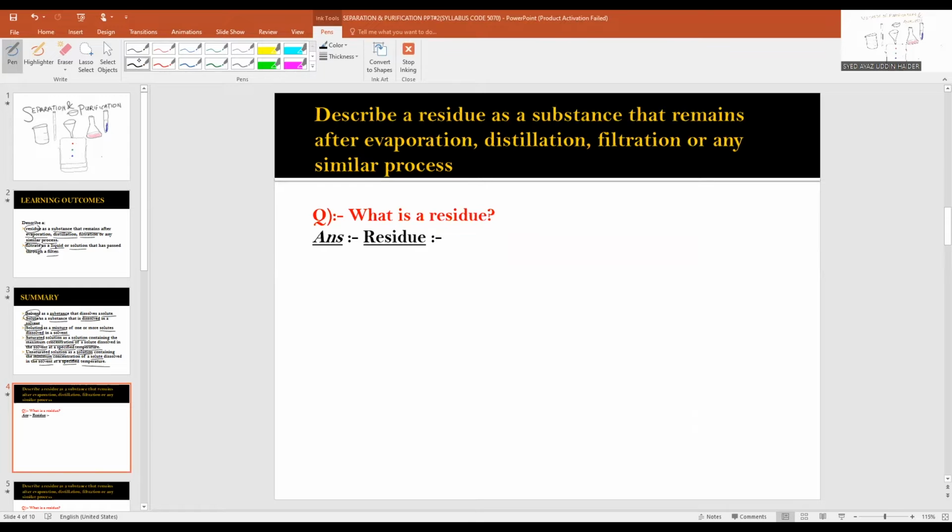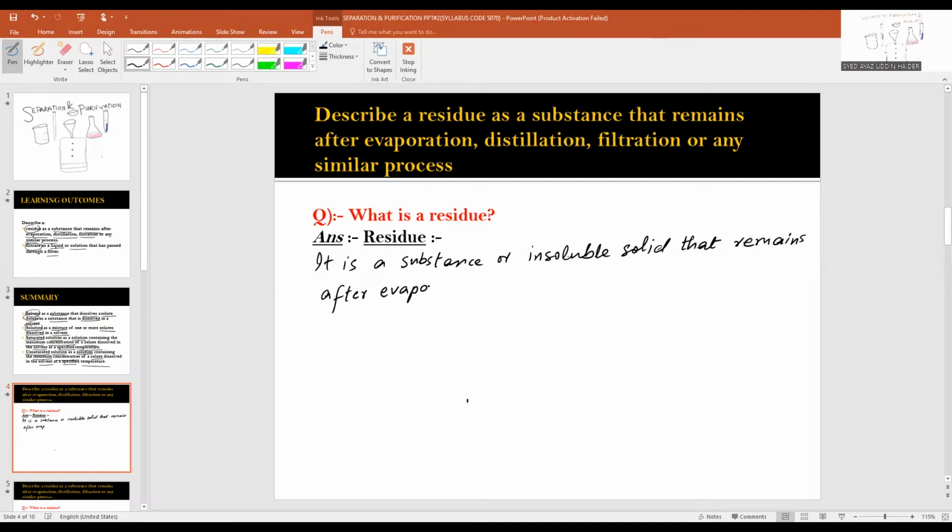Residue can be defined as a substance or insoluble solid that remains after evaporation, distillation, filtration, or any similar process.